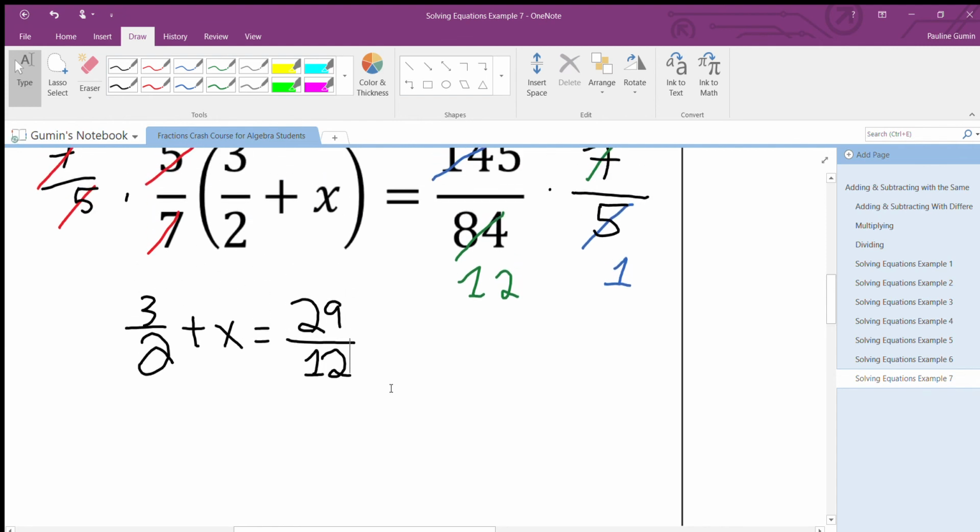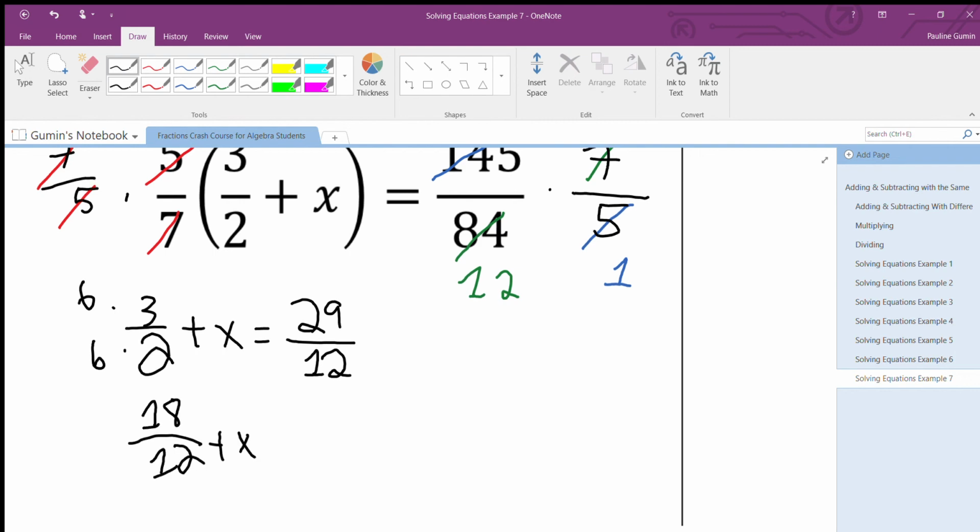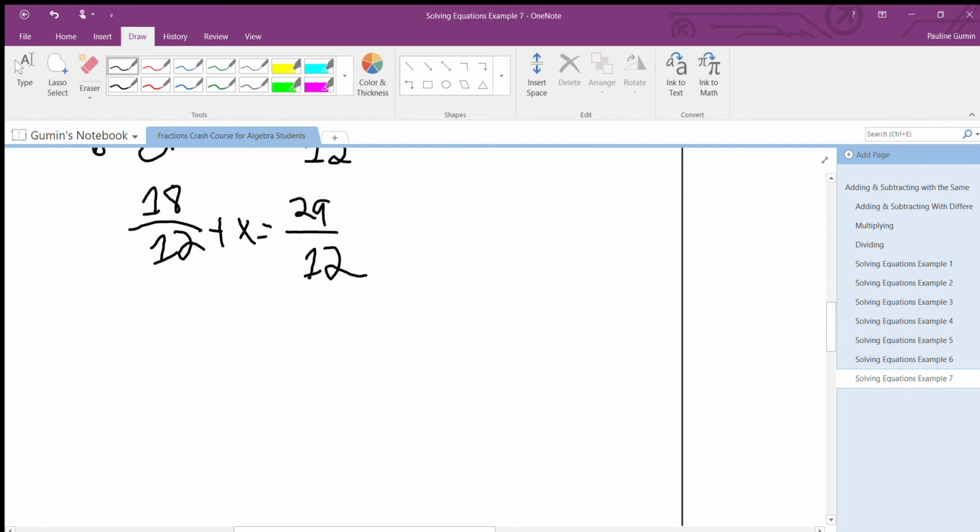I'm going to create a common denominator for 3 halves and 29 twelfths by multiplying 3 halves by 6. So we have 18 over 12 plus x equals 29 over 12. And we're going to finish this problem by subtracting 18 over 12 from both sides.